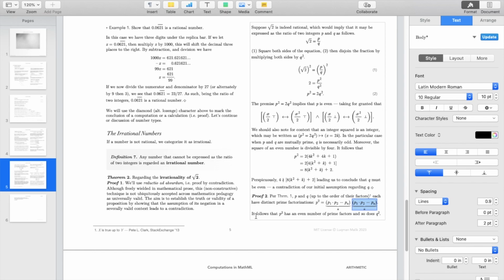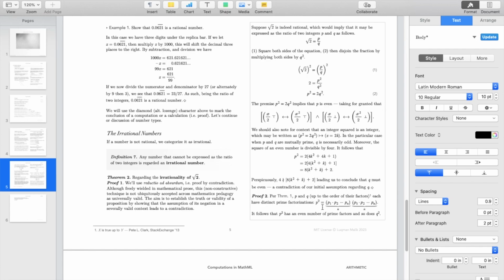All right, so per theorem 1, P and Q up to the order of their factors each have distinct prime factorizations. And here we're looking at what that looks like for P. P squared. It follows that P squared has an even number of prime factors. Why? Like we said.